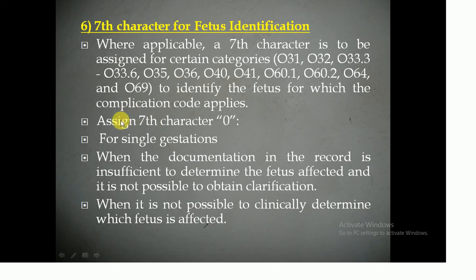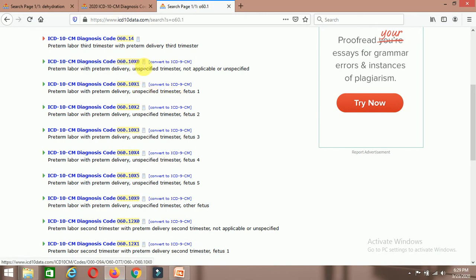We have to give the seventh character 0 for single gestation, or when we don't know for which fetus the complication occurred, or if it is not possible to clarify, or it is clinically not determined which fetus is affected. Here you can see seventh character 0C. As per the guideline, if we don't know for which fetus the complication is affected, or clinically unable to determine, we have to give the seventh character 0.